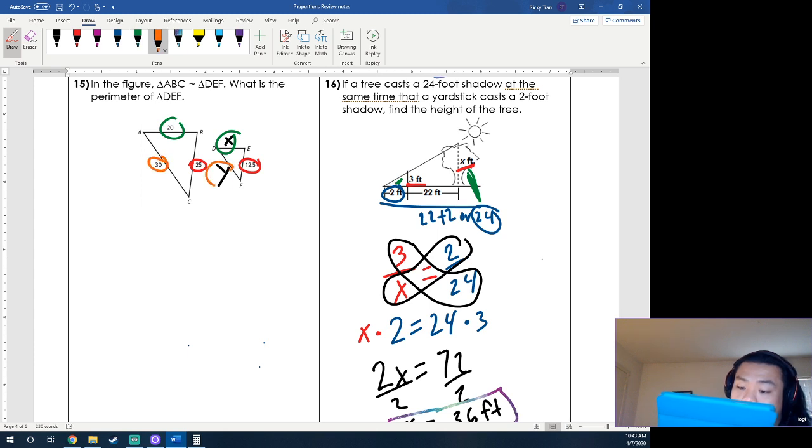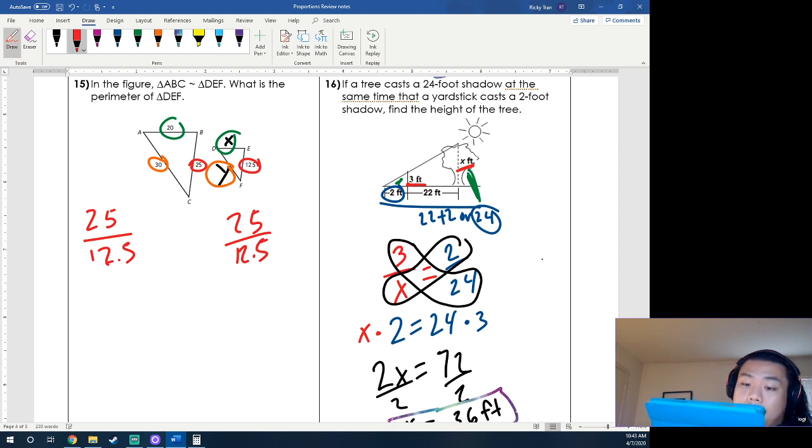Then we have 30 and Y. So for both of these, we're going to have two setups, 25 over 12.5 is equal to, since we have to find x, we're going to use x over here. Oops, wrong side. X should be at the bottom. X is going to go down here, 20 is going to go up here, and then y is going to go down here, and 30 going to go up here.